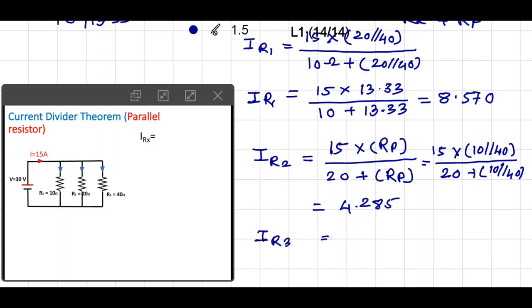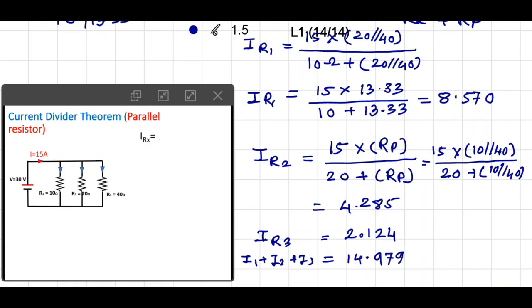Similarly you can find out the current through R3, and that comes to 2.124. Their total, that is I1 plus I2 plus I3, is almost 15 ampere.